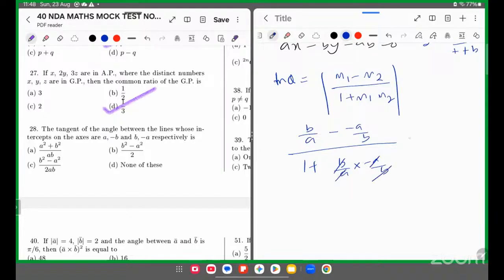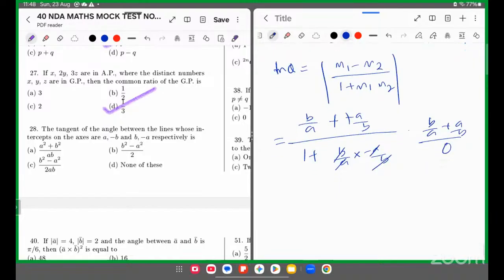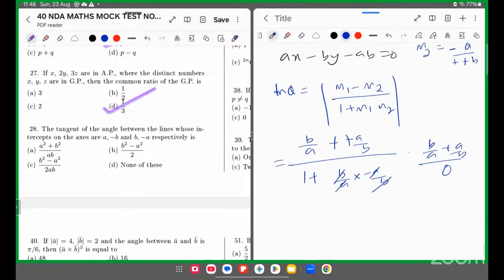So 1 minus 1 is 0. Whatever be the numerator, the denominator is 0. So what is the problem? m1 minus m2 by 1 plus m1 m2.